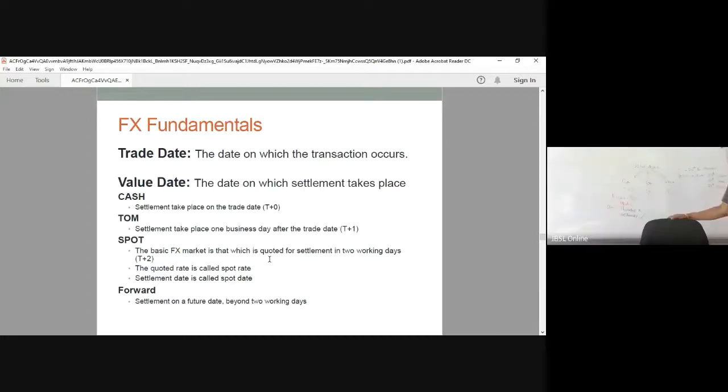Because of that, Saturday, Sunday are holidays in the US. Friday is the 25th, 26th, 27th, take those out. The 29th is the date. The 29th is the spot date.